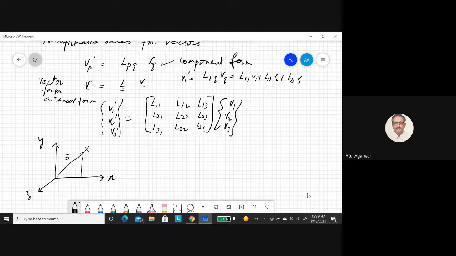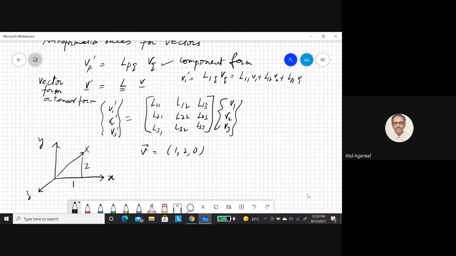Let's not talk about its magnitude. Suppose the component in the x direction is 1, the component in the y direction is 2. So this vector v is (1, 2, 0). This is the way I like to represent it.